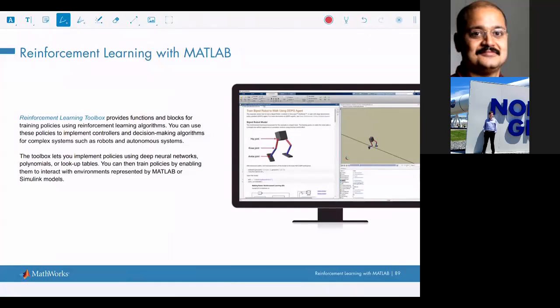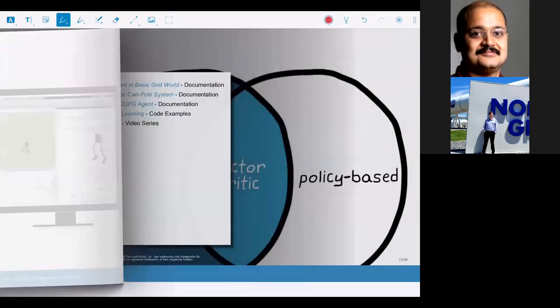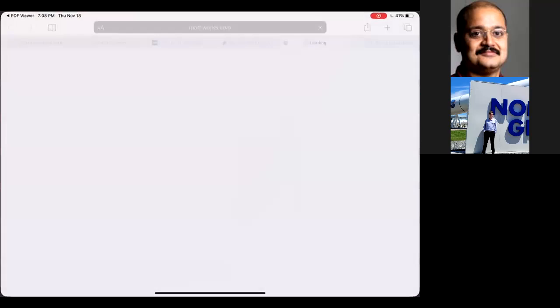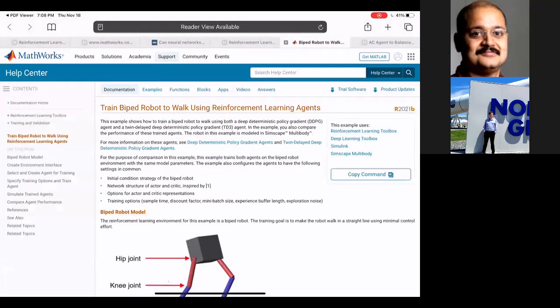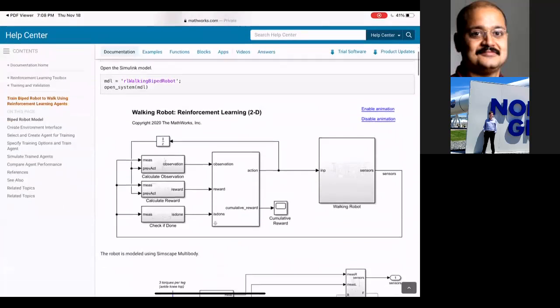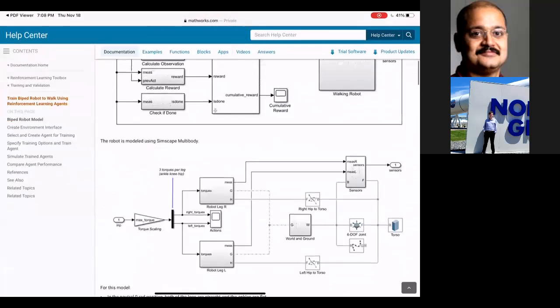So when you get a chance, if you want to get some sort of familiarity with what reinforcement learning is and how it can be used, there is a very nice webinar on how to use reinforcement learning to solve the robot walking problem. I would encourage you strongly to look at this example. It shows you the robot model.